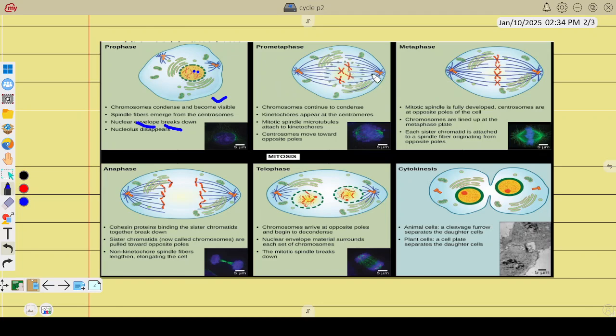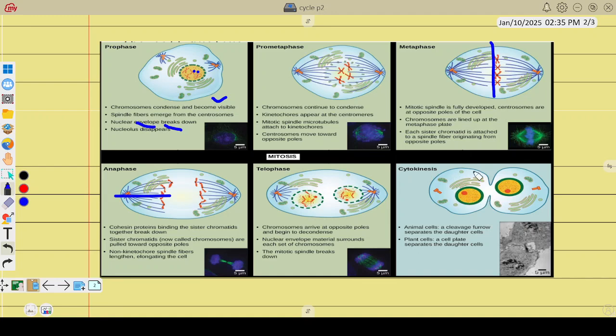Prophase, the major thing is that the spindle fibers attach to the kinetochores of the chromosomes. Metaphase, the main thing is that they'll form at the metaphase plate or at the equator. Anaphase, the major thing is that they'll be pulled. Telophase, the major thing is that the membrane which was broken down will form again.